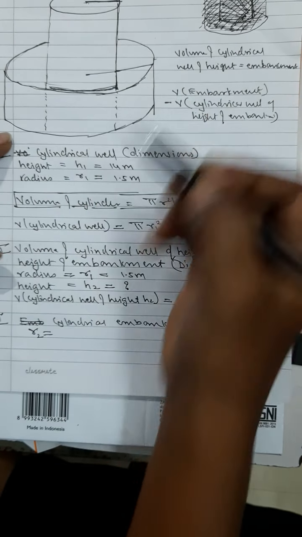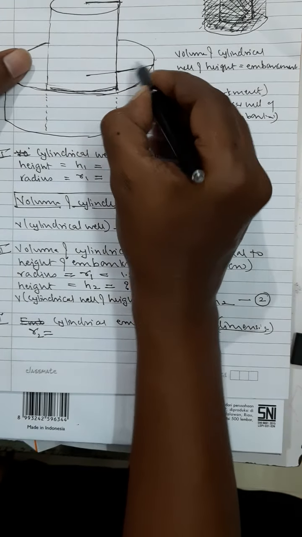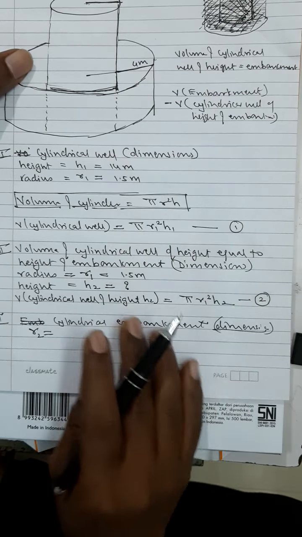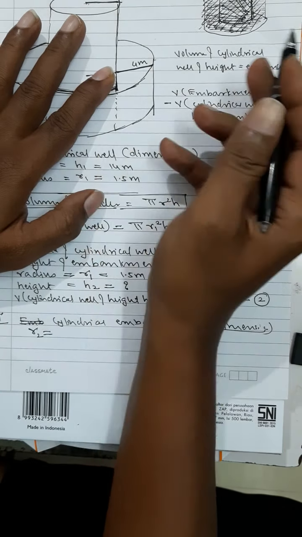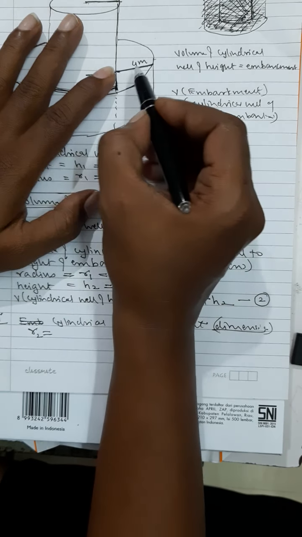Any instruction about this is given? A well of diameter 3 meter is dug 14 meter deep. The earth taken out has been spread evenly all around it in the shape of a circular ring of width 4 meter. Okay, so this actually is 4 meter wide. From the well it is 4 meter wide. See, try to understand. Huge embankment they have made.